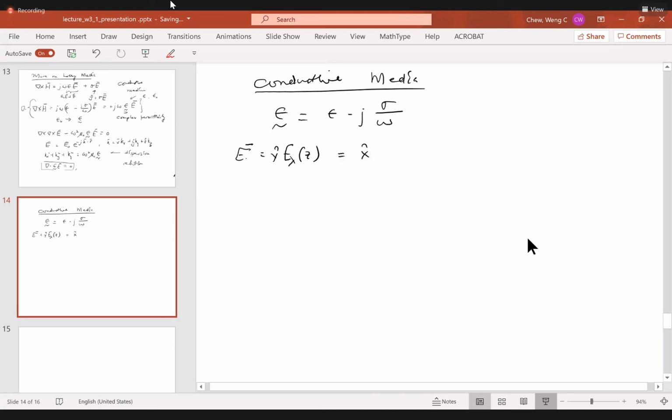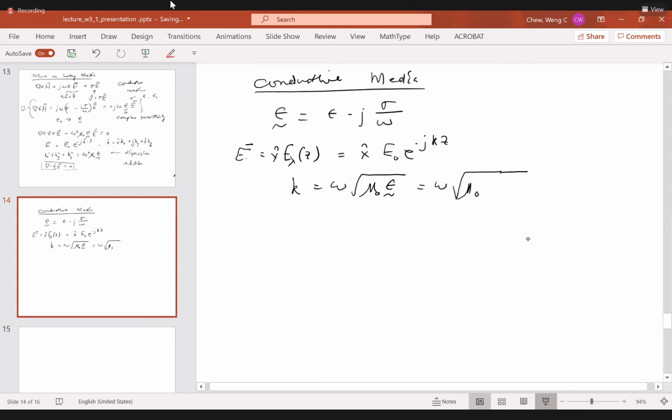The solution still has to be something of this form, is 1D, except that k would be that of a square root of this function. You can still put mu naught here if you want to, but this is a complex number now. And then if you look at this in greater detail, it's epsilon minus j sigma over omega.